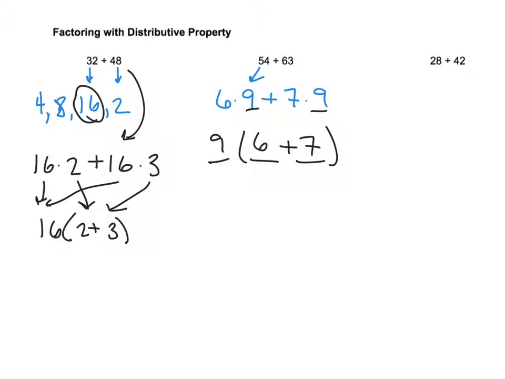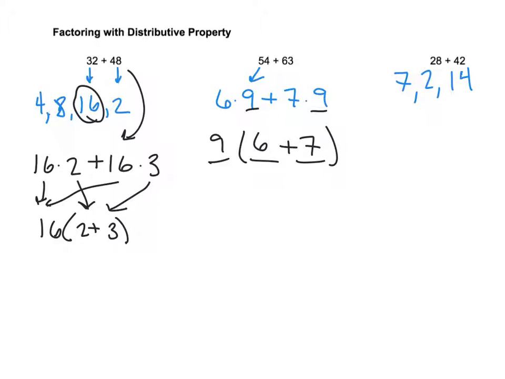All right, and last but not least, 28 and 42, we can recognize automatically as being multiples of 7. They're both multiples of 2. And they're both multiples of 14. So, that being said, I'm going to choose the largest one, which is 14.